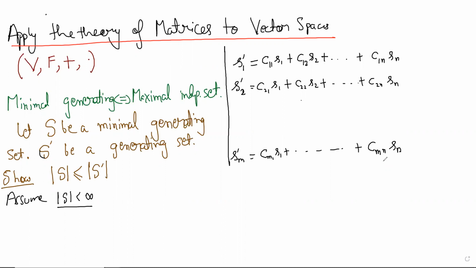Right? Our goal is to show that M is bigger than, this is a theorem, so it's slightly, but our goal is to show that M is at least N.